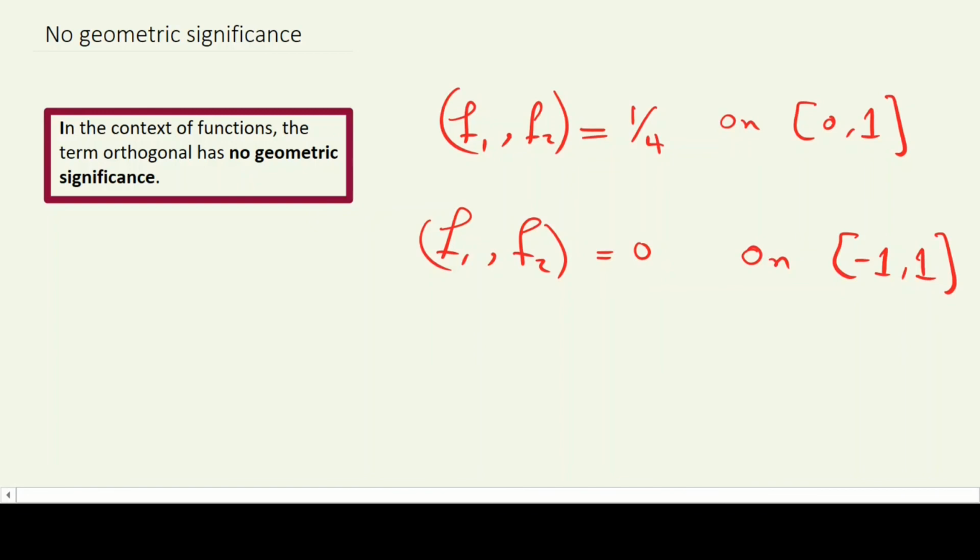That's another beautiful example showing that two functions can be orthogonal on a given interval while they are not orthogonal on another one. So it's more clear that there is no real geometric significance when we talk about orthogonal functions. It's just a definition, a mathematical expression that turns out to be very important when we want to solve partial differential equations.